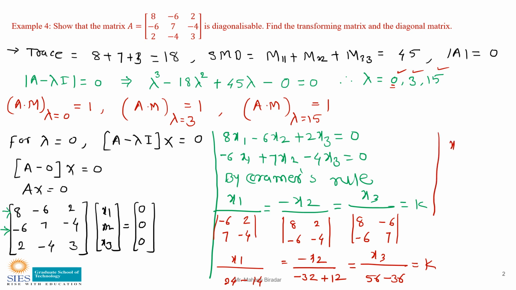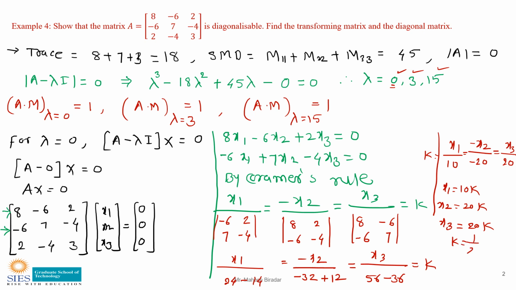That is x1 divided by 10, negative x2 divided by negative 20, and x3 divided by 20, equal to k. So x1 is equal to 10k, x2 is equal to 20k, x3 is also 20k.